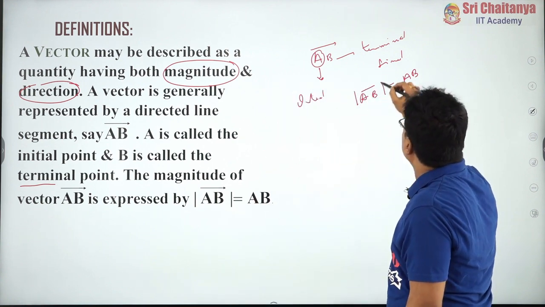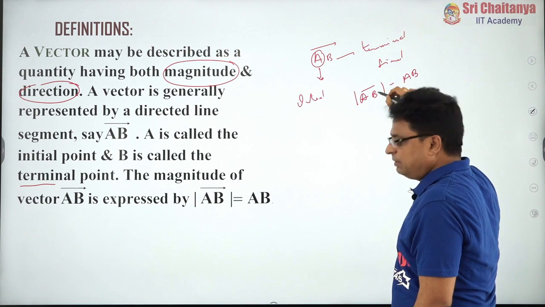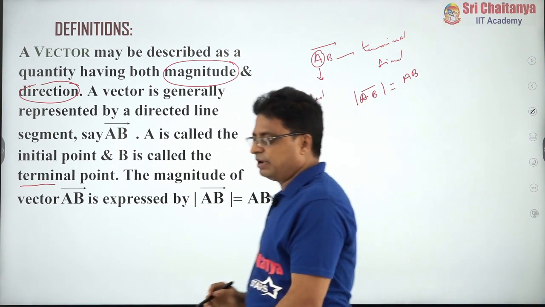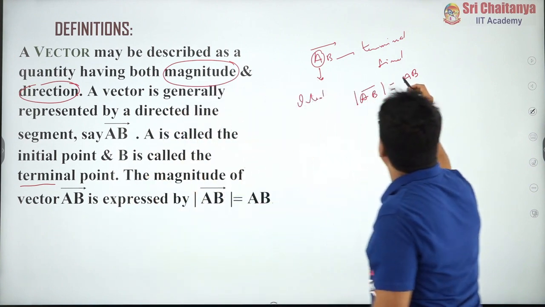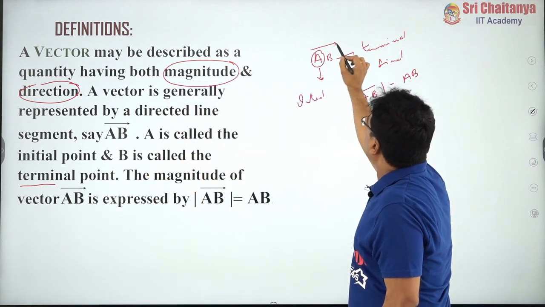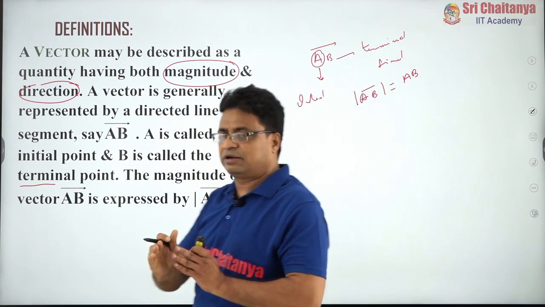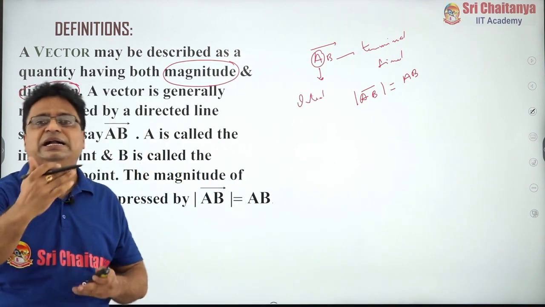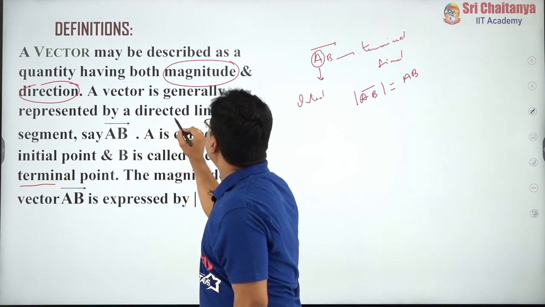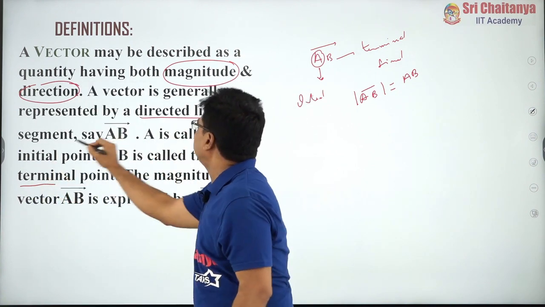Here I have represented AB bar between the modulus brackets, whereas here there is no bracket and no vector notation. Whenever I am representing A to B, it indicates that the vector starts from A and ends at B. In general, it is a directed line segment.